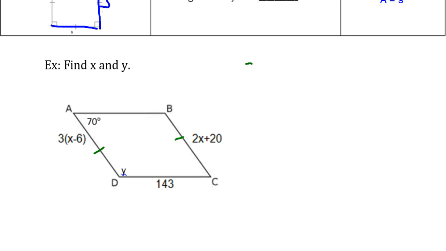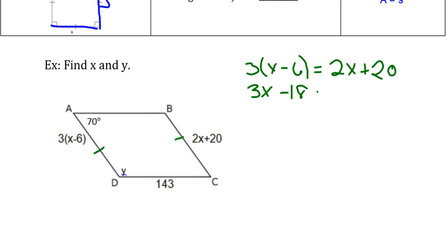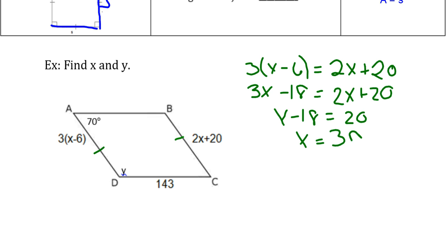So I can set up an equation to say that the length of the side on the left, 3x minus 6, is equal to the length of the side on the right, 2x plus 20. And we can solve this equation. So I'll distribute the 3, subtract 2x on both sides, and add 18. So x is going to be 38.